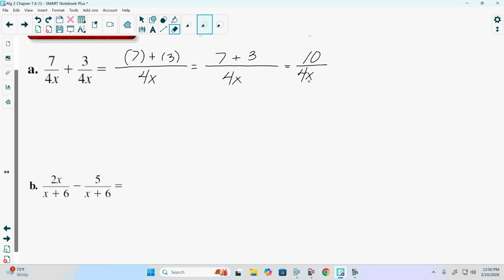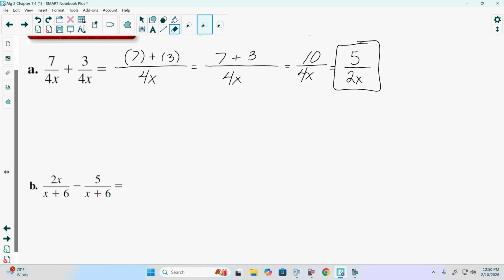Now, as we look at this here, in the numerator we do not have addition or subtraction. In the denominator, we do not have addition or subtraction. So we can simplify this 10 over 4 because there's a common factor between 10 and 4, which is 2. And if we simplify that out, it's going to reduce the top to 5 and the bottom to 2x.